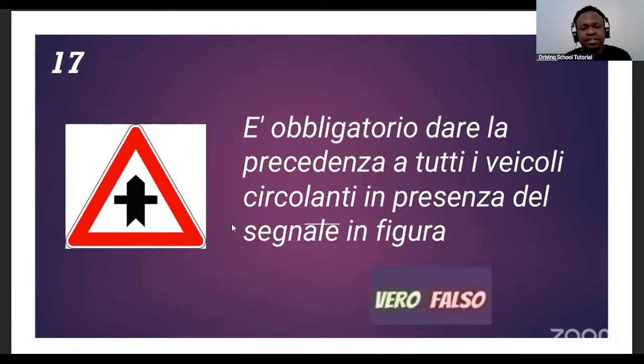So it says è obbligatorio dare la precedenza a tutti i veicoli circolanti in presenza del segnale in figura. No.